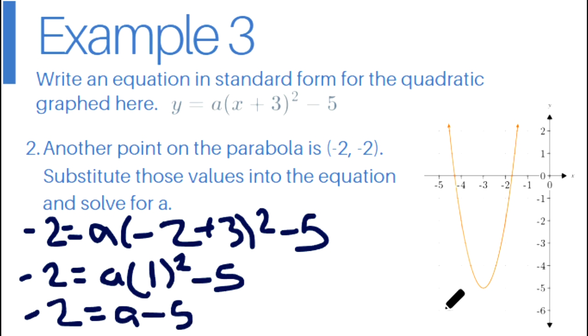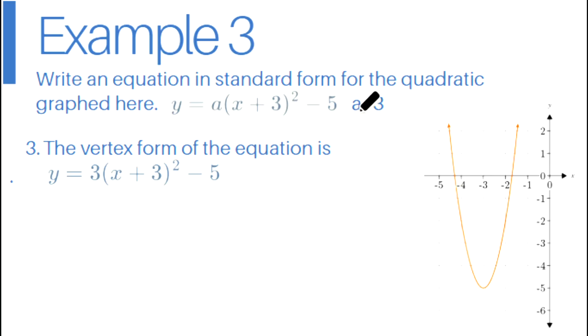We're going to add 5 to both sides, so a is equal to 3. Okay. You can see here we have our value for a. The vertex form of the equation is y equals 3, because there's our a, times (x plus 3), because we already knew from the vertex what our h value was, squared, minus 5. Remember, you have to flip the sign, negative sign, positive sign for h.